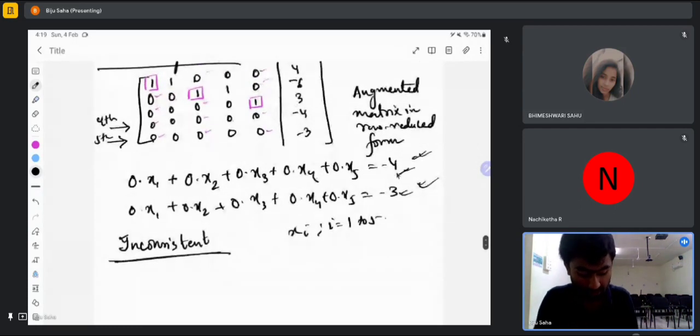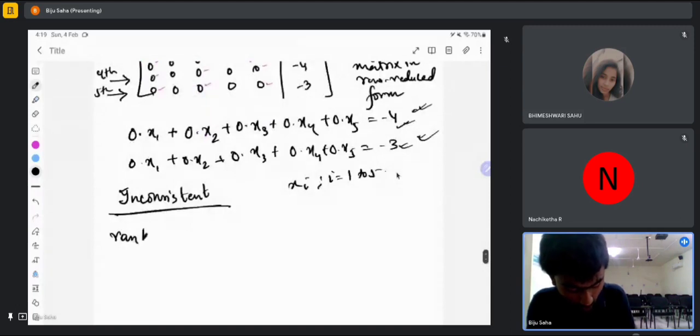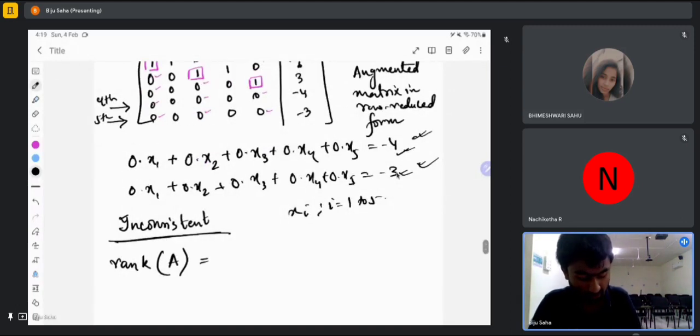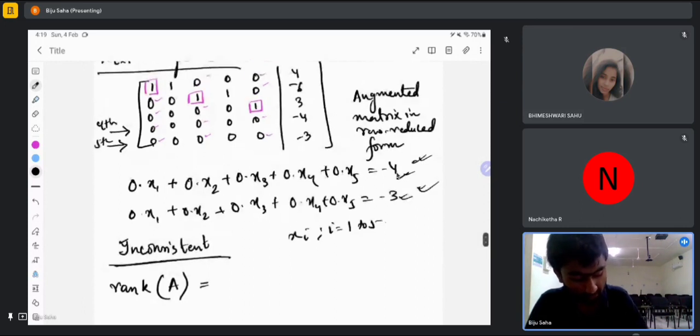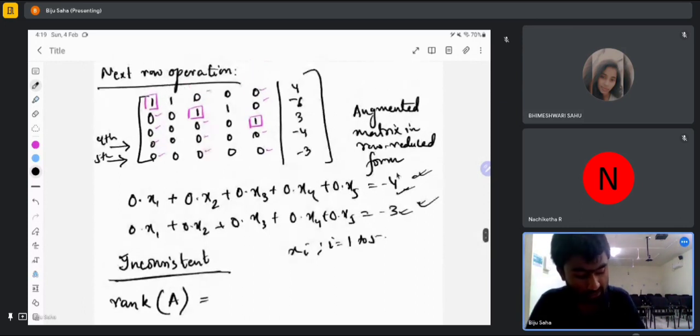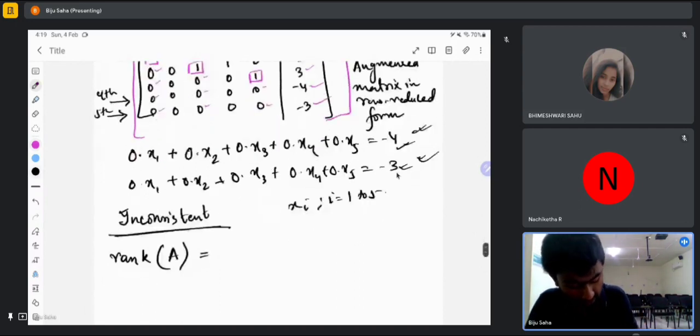Let's call A the augmented matrix. The rank of this augmented matrix is the number of rows which contain at least one non-zero element. When you look at the entire matrix, there are 5 rows which contain at least one non-zero element, so the rank of the augmented matrix is 5.